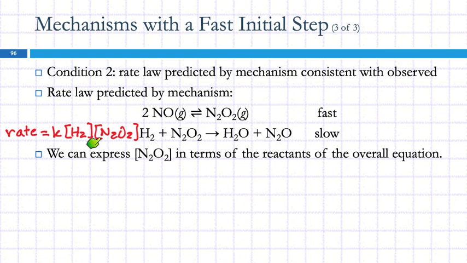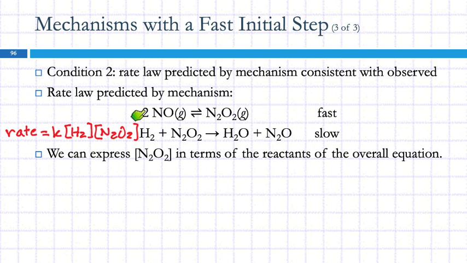This is the rate law for this elementary step. This is not going to work as the overall rate law because it has an intermediate product in it, right? And that doesn't appear as one of the reactants.